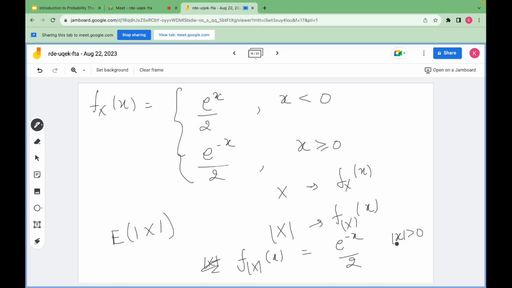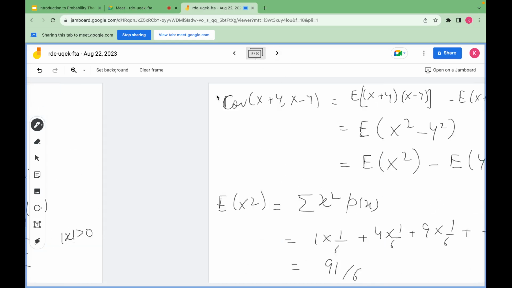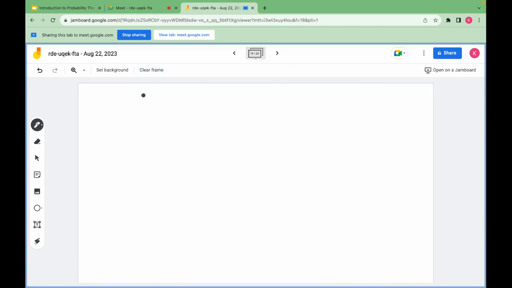So if x is negative, then it will open with a negative sign, and this will become e to the power x by 2. And if x is positive, then it will open with the positive sign, so it will remain e to the power minus x by 2. So the probability mass function for mod x is nothing but e to the power minus x by 2.